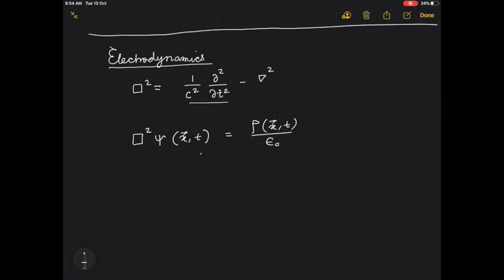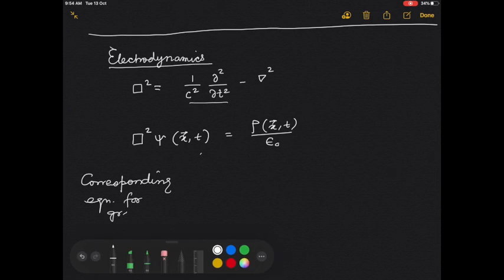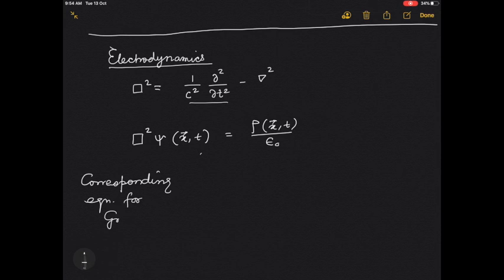You see, if I want to come to statics, the t dependence goes away from everywhere, and in the box square operator, the first term goes away, so the left hand side becomes minus grad square psi. So that's essentially again the Poisson equation. Now the corresponding equation for the Green's function we know how to write down.